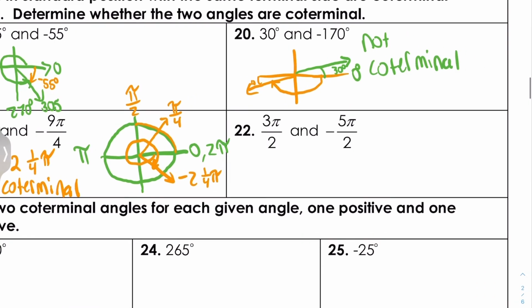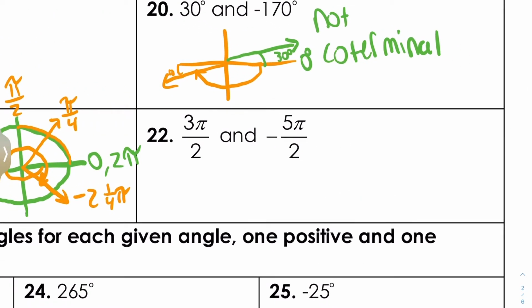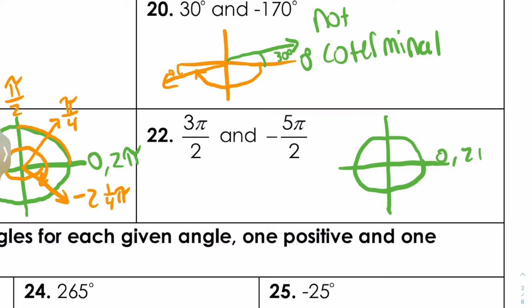Hopefully this next one is. If we draw a circle, then the start of that circle is 0 and 2 pi. Halfway across the circle is going to be pi. Straight up is going to be pi over 2.